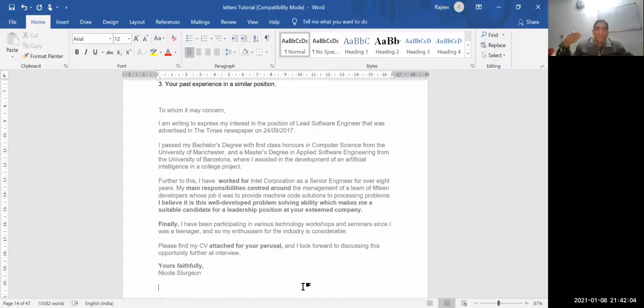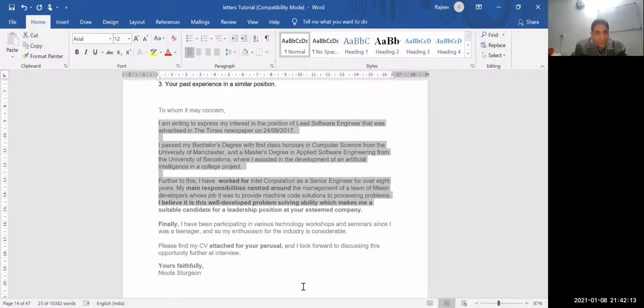So this is a formal letter, and let's see how many words there are. This is 176 words. So you're supposed to write 150 plus, right? Not less than 150. 176 is a good number.